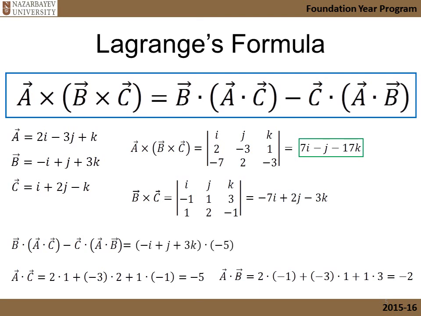So finally, to calculate our right hand side, we multiply vector b, which is minus i plus j plus 3k, by this minus 5, then minus our vector c, which is i plus 2j minus k, multiplied by the obtained minus 2, and finally this will be equal to 7i minus j minus 17k.